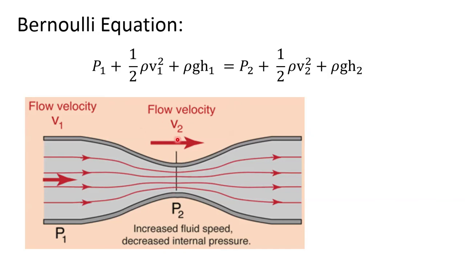Bernoulli's equation essentially says that if V2 is greater than V1, the pressure at 2 will be less than the pressure at 1. That's essentially what this equation is telling us. It's summed up here: increased fluid speed, decreased internal pressure.